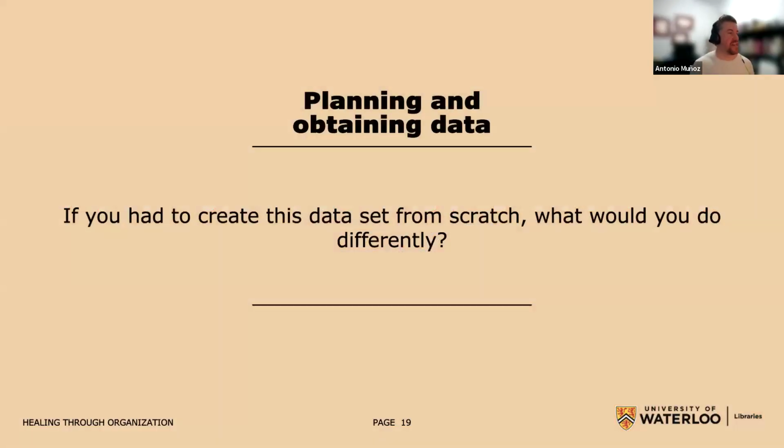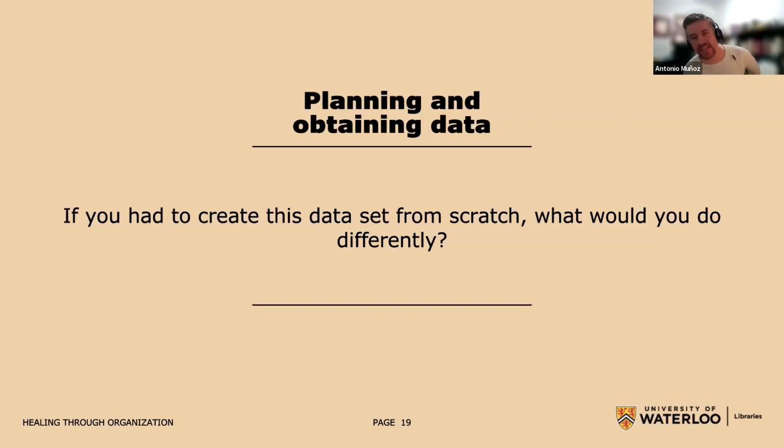So now that you have seen a little bit of the data set that we had, and some of the thought processes that went into cleaning it up, here is a question you can type your answer in the chat if you feel so inclined. If you had to recreate this data set from scratch, what would you do differently?